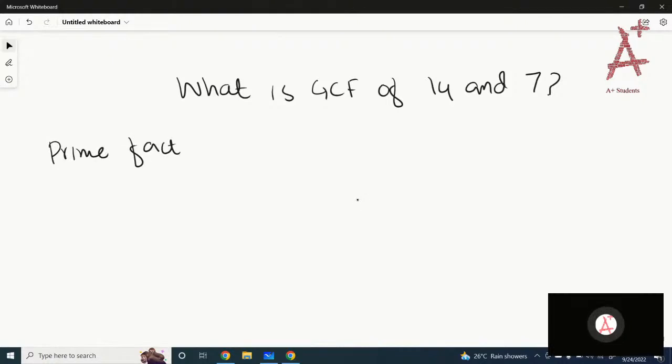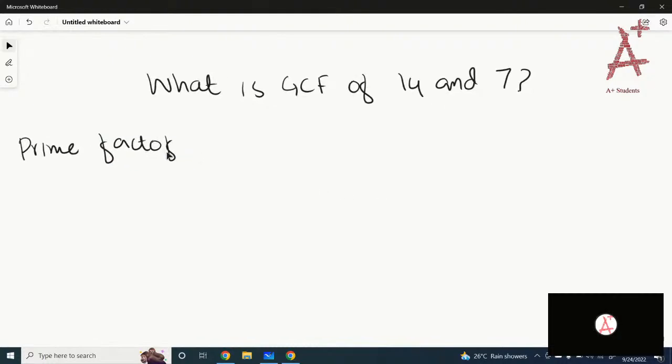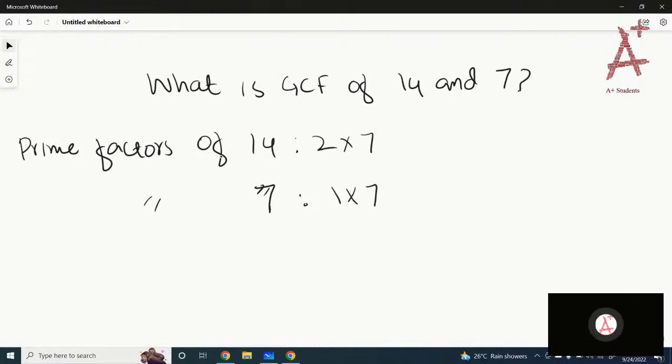So the prime factors of 14 are... Prime factors of 14, and then you have to write the prime factors of 7. So prime factors of 14 are 2 times 7, and the prime factors of 7 are 1 times 7.